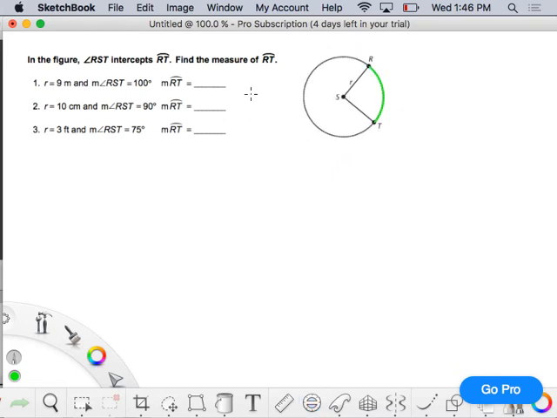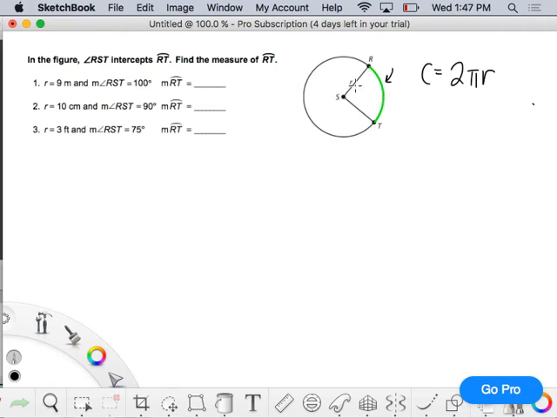So, if I have a circle with radius r, what's the circumference of the circle? 2 pi r, right? Well, this arc length is not the entire circumference of the circle, right?